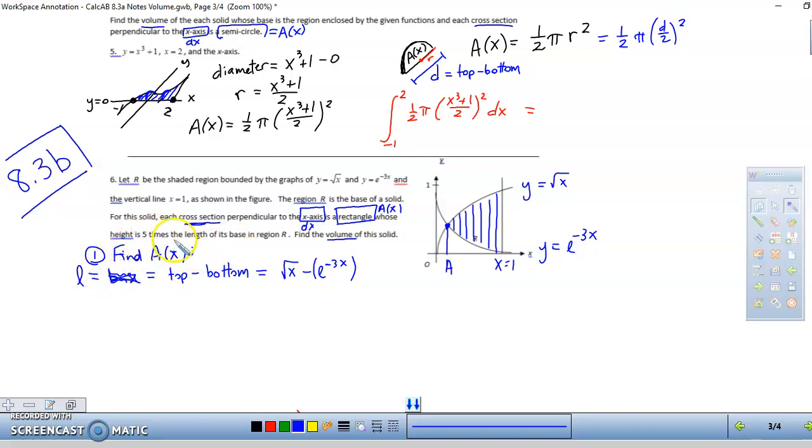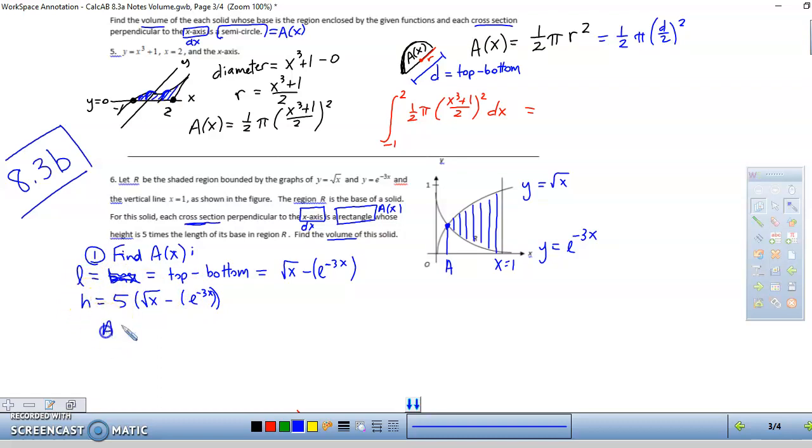Now the height is 5 times the length. That's super easy to write out. Height is 5 times the length, and we know this is the length, so we get square root of x minus e to the negative 3x. So here's my length, here's my height.